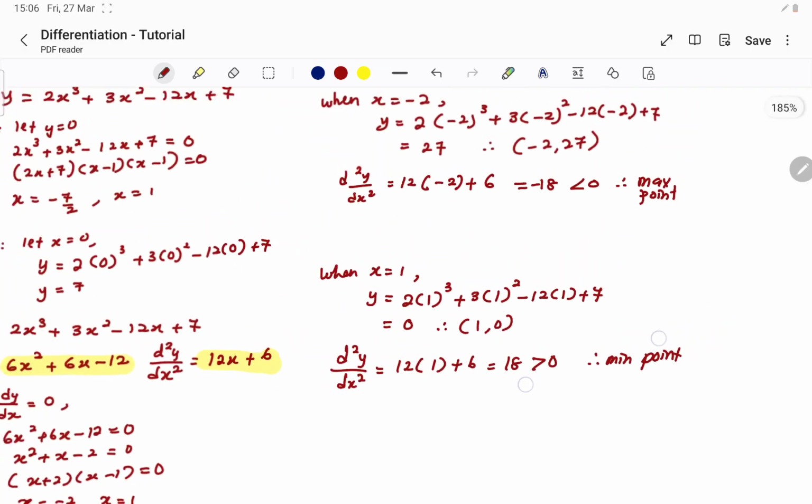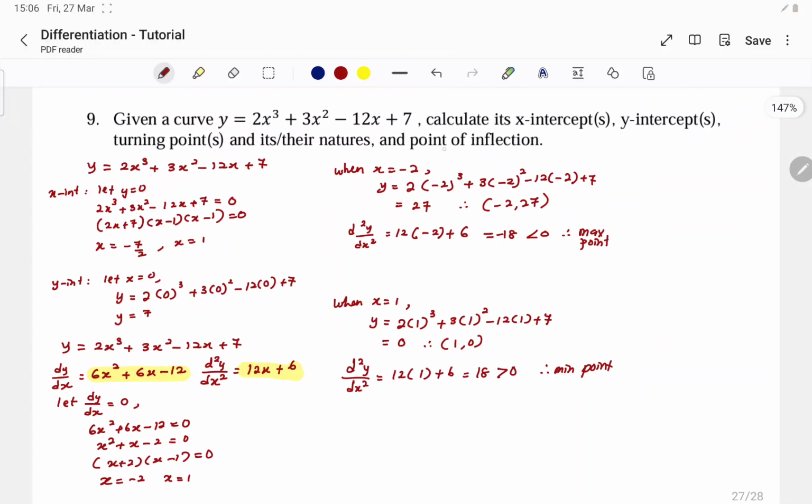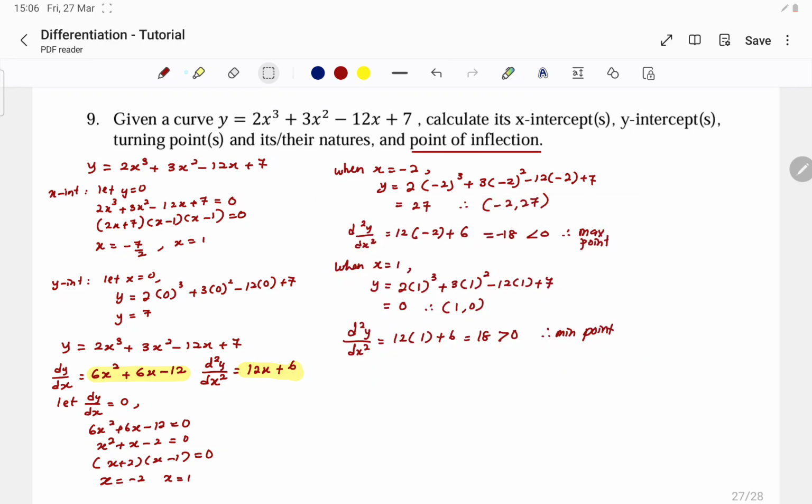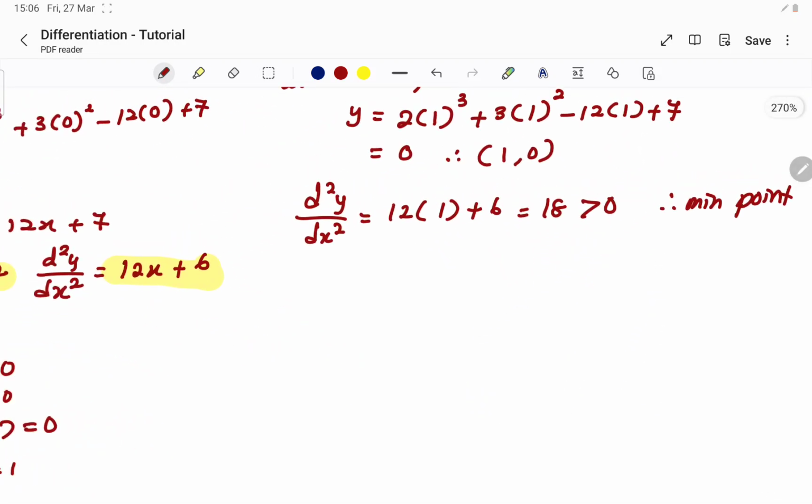Now that settles the nature. Then they want the point of inflection. For the point of inflection, you have to differentiate a third time. So d cubed y over dx cubed: differentiating 12x plus 6 becomes 12.